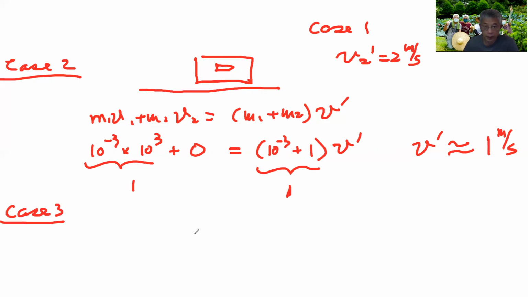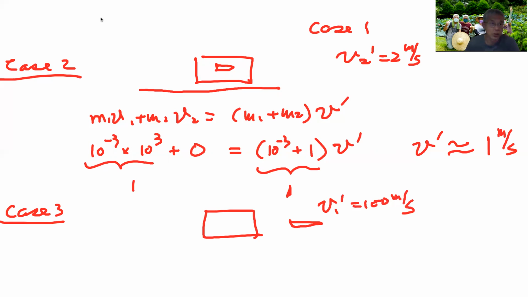So we say this bullet will come out, and now this velocity v1 prime is equal to 100 meter per second, right? Okay, let's change the color a little bit. All right, so we have m1 v1 plus m2 v2 equal to m1 v1 prime plus m2 v2 prime.